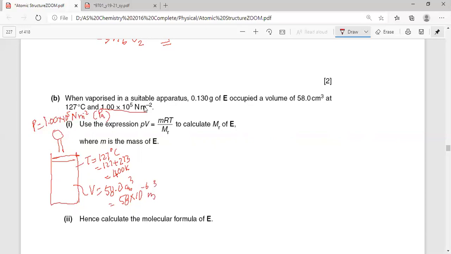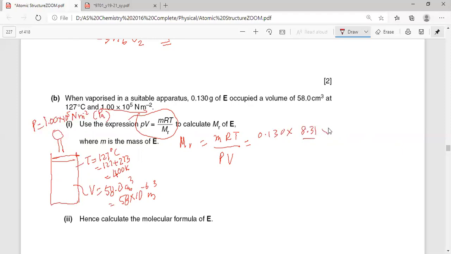So they even give you the expression here. So kind of them, I tell you. So MR equals mass times RT over P times V. Easy, is it? What's the mass? 0.130 times RT: R is 8.31, look where?